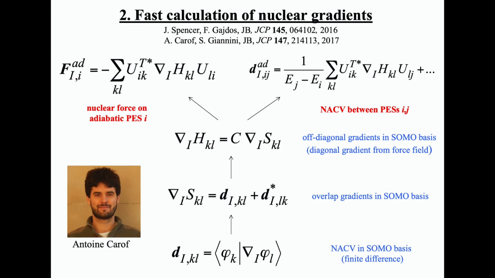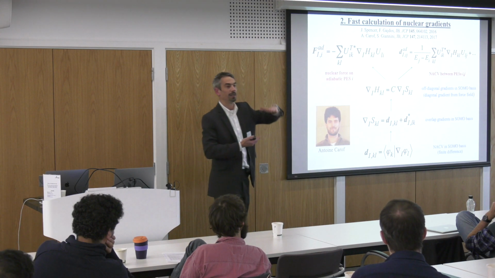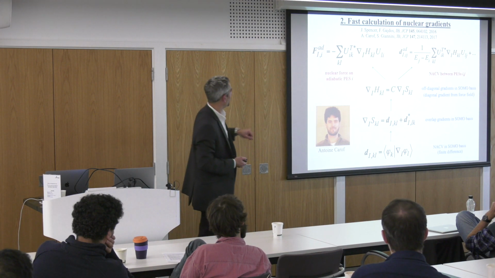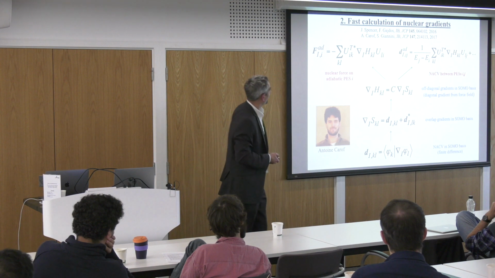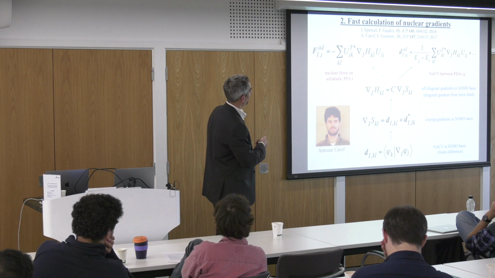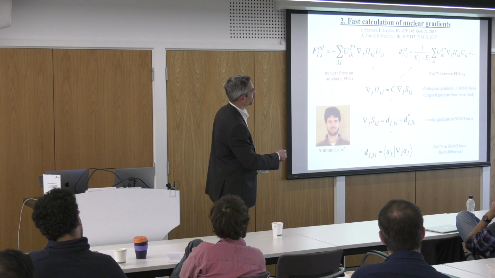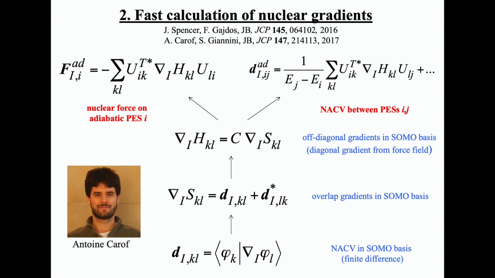And this unitary transformation matrix transforms from the diabatic or site-localized basis to the adiabatic or eigenstate basis. Okay, and this gives us then the nuclear force on a given excited state energy with index I. And the non-adiabatic coupling vectors you can get in a similar way as the forces, and you have some additional terms, but those are unimportant.